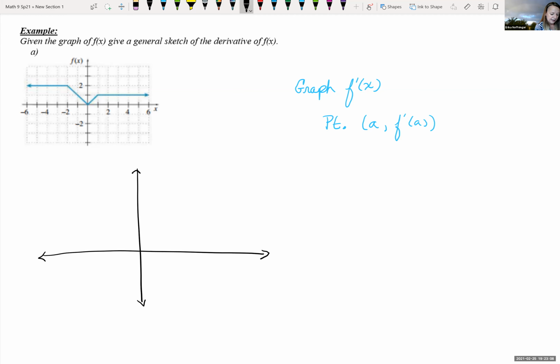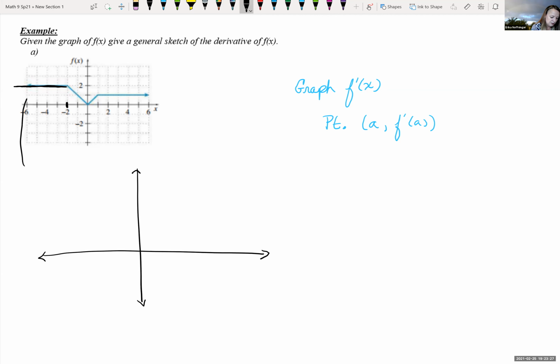And so looking at this, I see from negative infinity to x equals -2, I had this horizontal line. And so I think to myself, what do I know about the slope of a horizontal line?